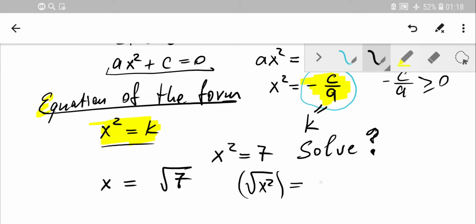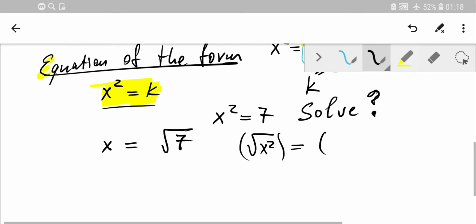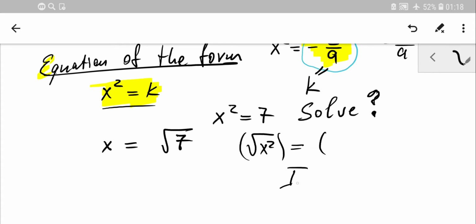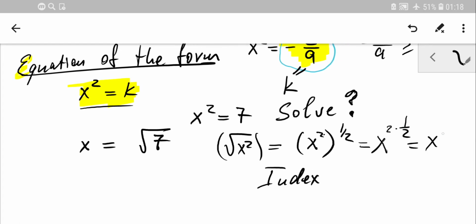It works if you remember the index topic. Square root is simply the power of 1 over 2. You'll get x, and you need to multiply the powers. If you multiply the powers, you'll get simply x to the power 1.